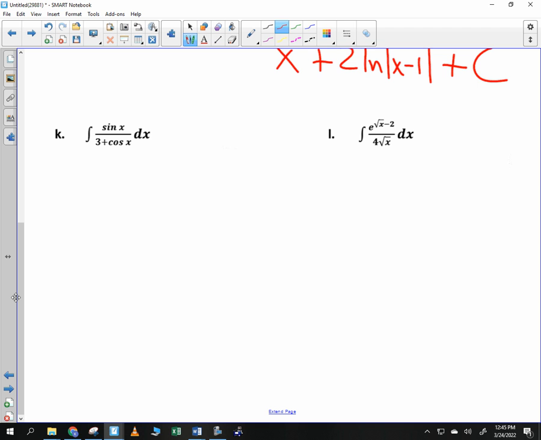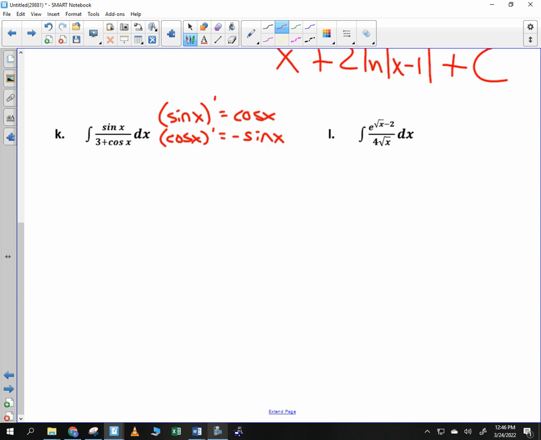What do you want u to be in this situation? Sine or 3 plus cosine? Talk to a friend, decide which one it should be, go. As we glance up here, you can see that the derivative of sine is cosine, and the derivative of cosine is negative sine.